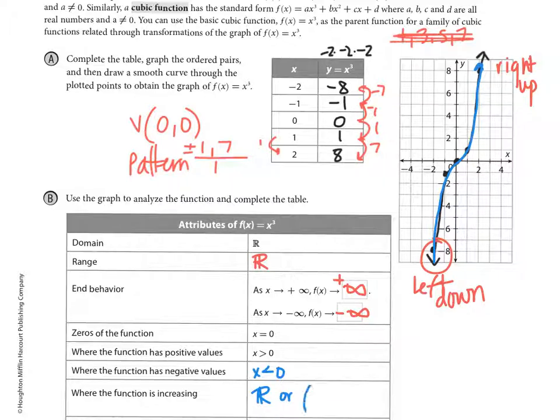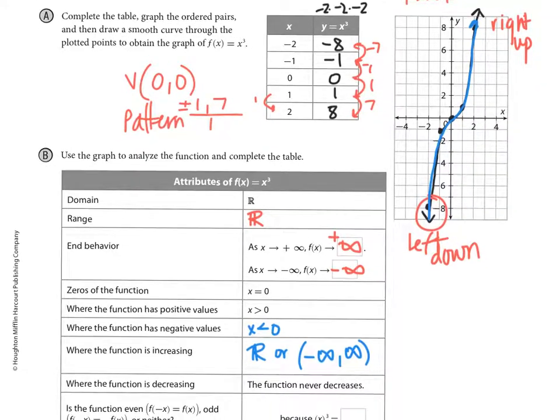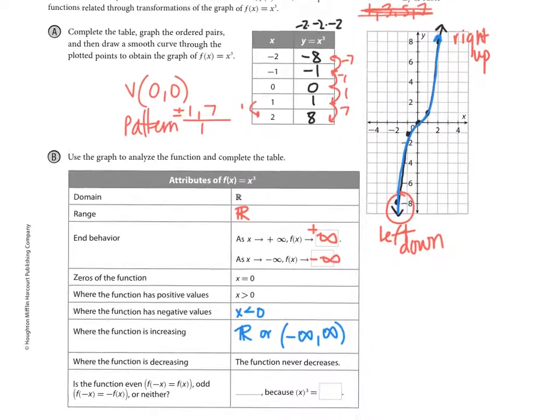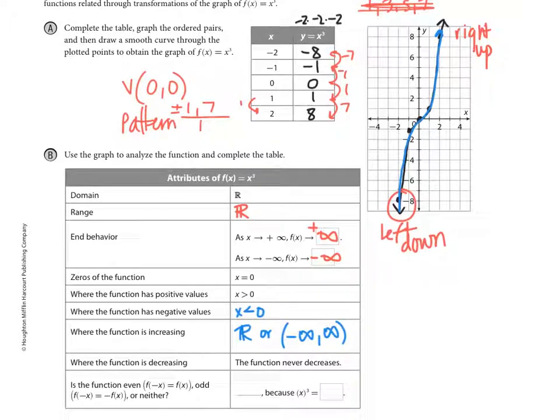Or that one may make more sense to you from negative infinity to positive infinity. It's increasing the whole time. Where is the function decreasing? It never decreases. And then is the function odd or even? Part of this I don't really want you to pay attention to, but you can just make a little note here that this has an odd degree, because that's going to come in handy during our next lesson. So make a note that this has an odd degree. All right, so let's look at how to apply this parent function and do some transformations to it.